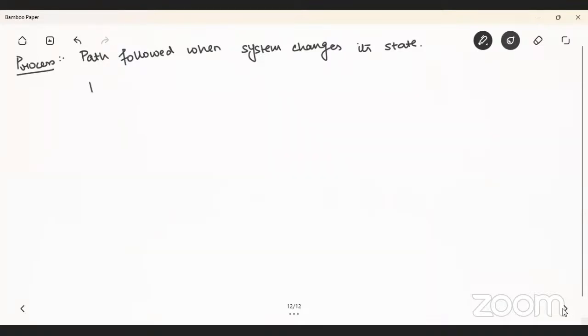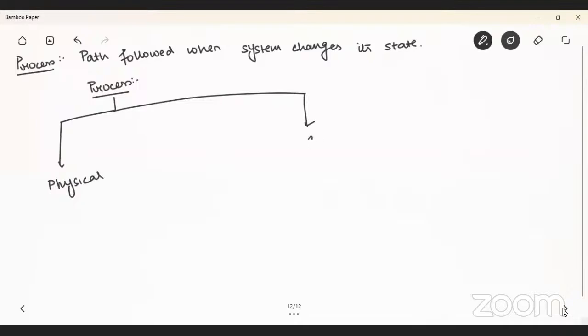So a process can be of two different types. One is the physical process and another is the chemical process. What are the physical and the chemical process? Anyone wants to answer? Okay.